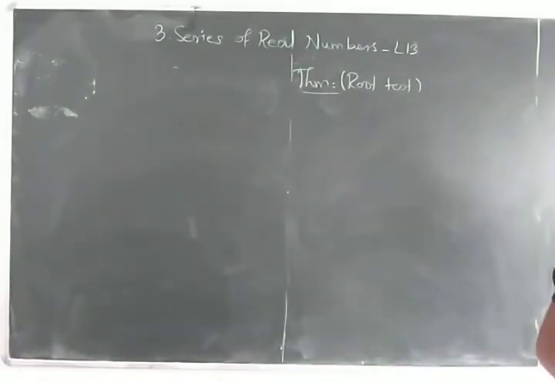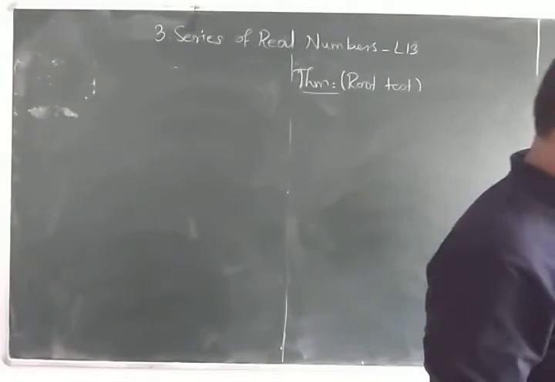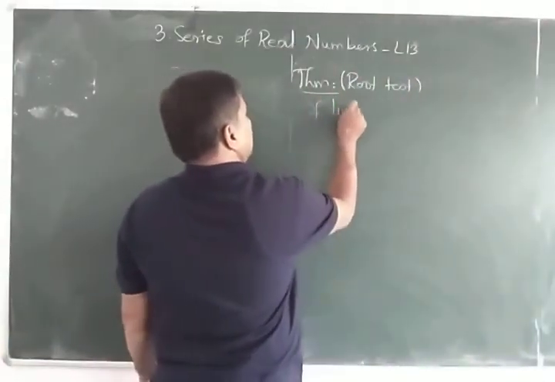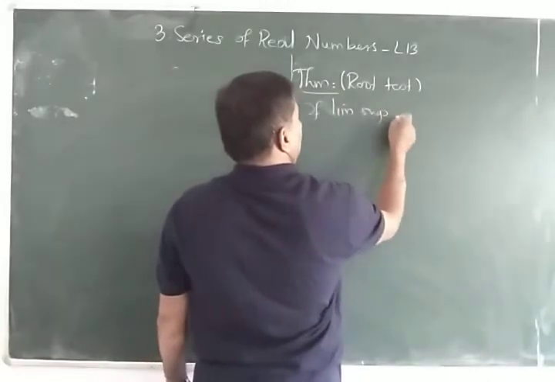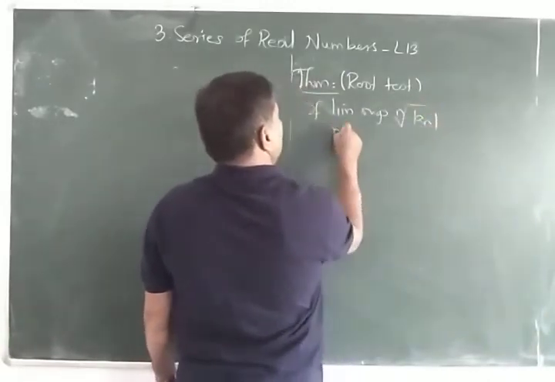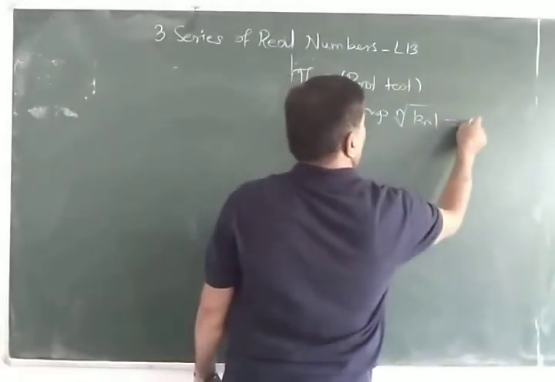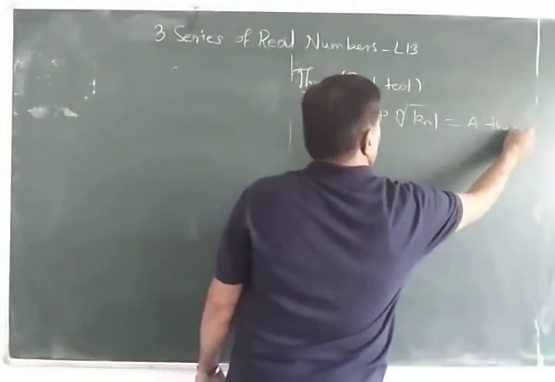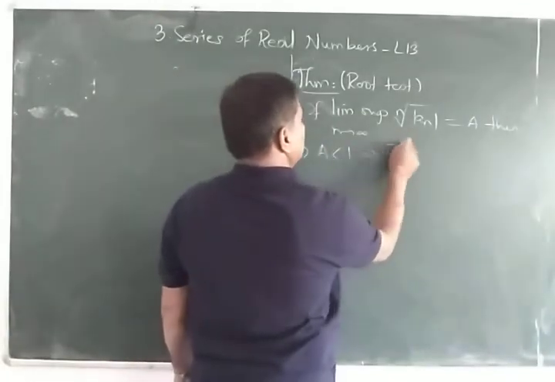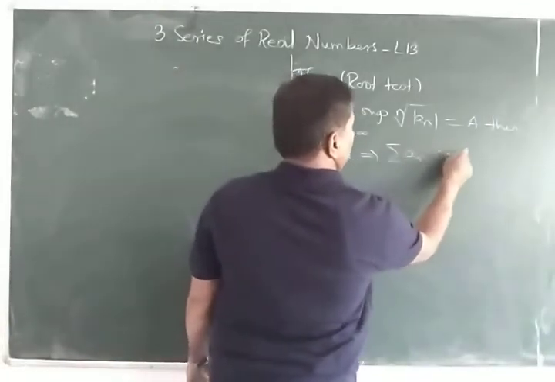If the lim sup of the nth root of mod a_n, as n tends to infinity, is equal to a, then first, a less than 1 implies summation of a_n converges absolutely.